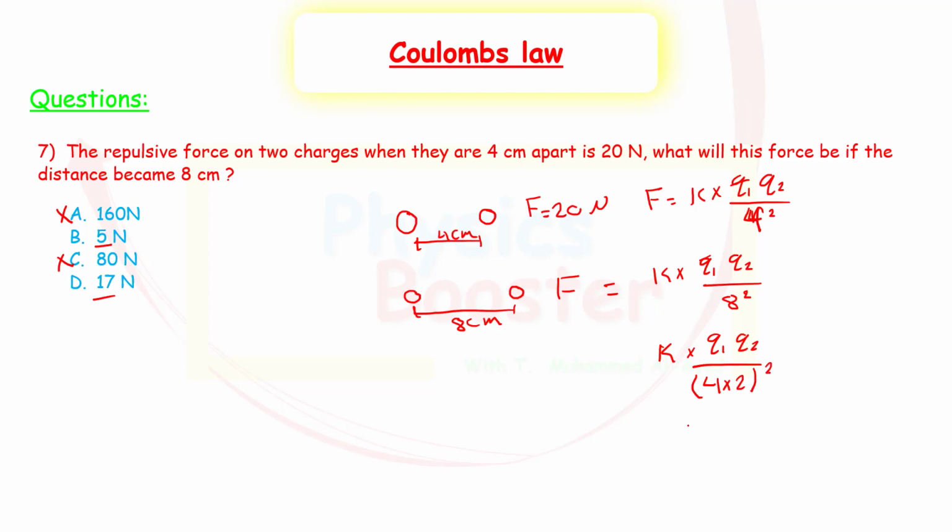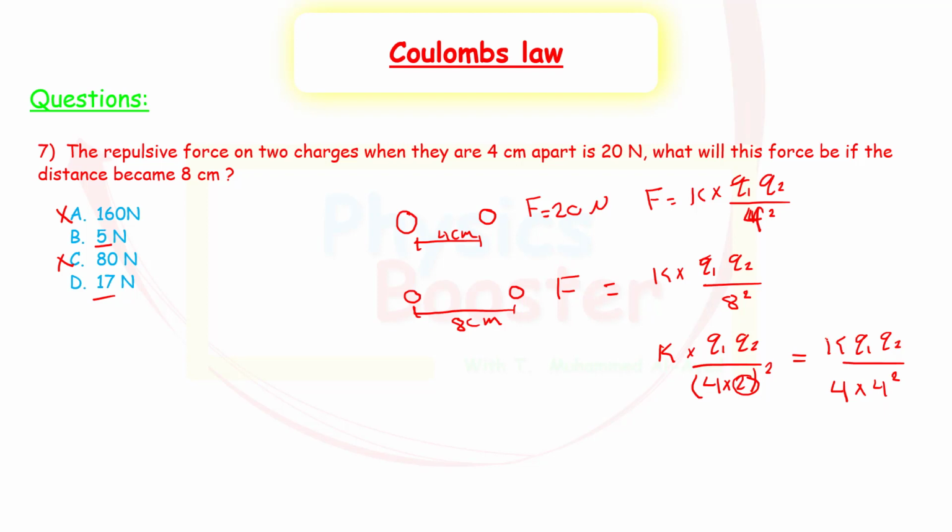And we can simplify it even more by saying K Q1 Q2 divided by, let's say 2 squared is equal to 4, multiplied by 4 squared.